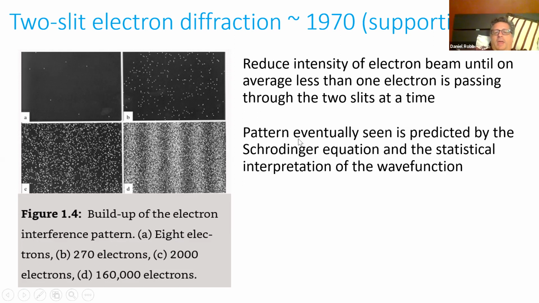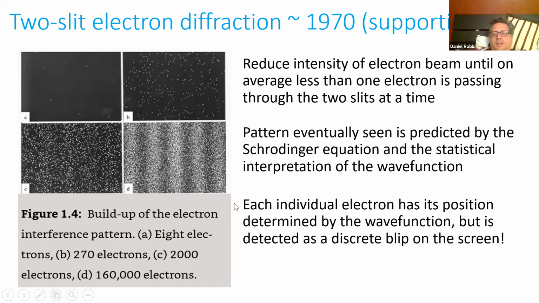And the pattern eventually seen, the one seen in part D here, is the one predicted by the Schrodinger equation, which is a wave equation, and the statistical interpretation of the wave function, which we just talked about, which is that the square of the wave function is the probability density of seeing the electron in that particular place.